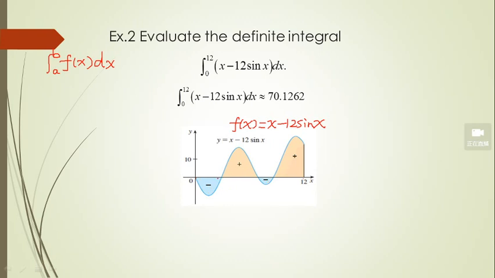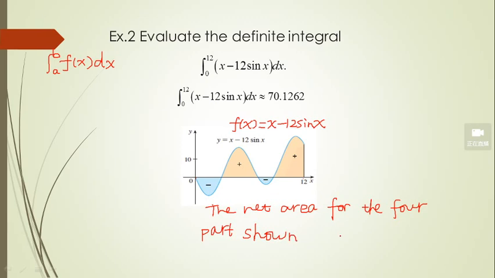So the net area for the four parts shown is approximately 70.